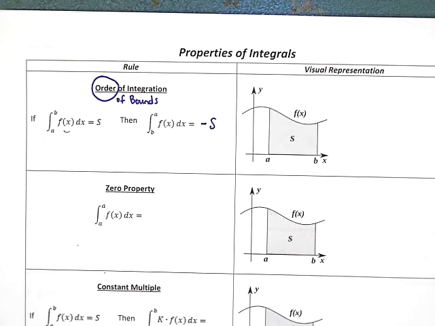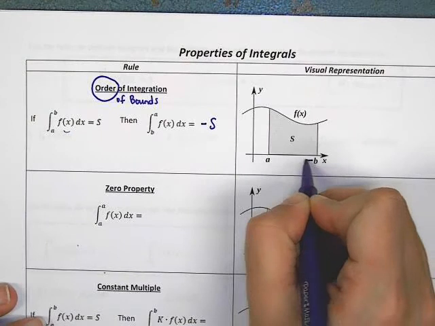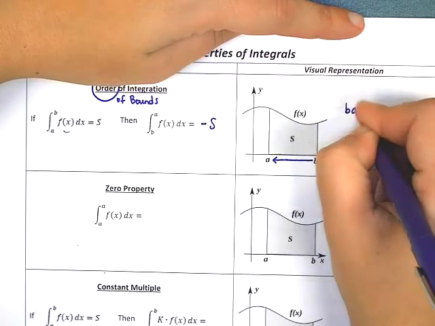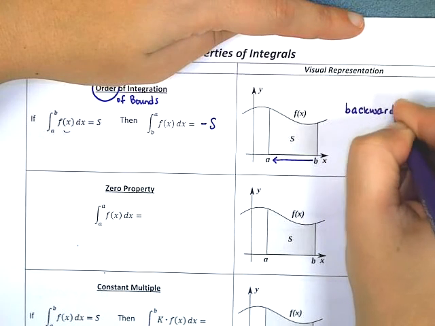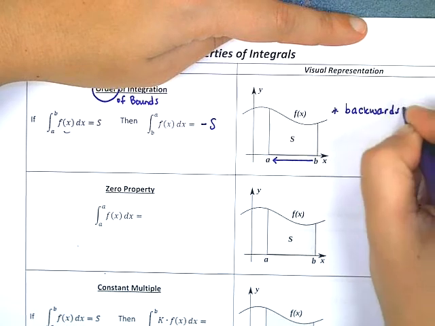We saw this in our investigation because we saw that when we found the area, we went the opposite direction. So when you go from b to a and you're going backwards, you end up with the opposite number.